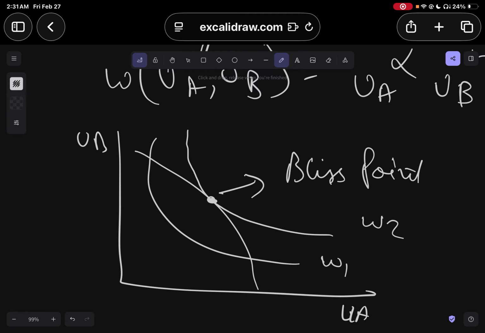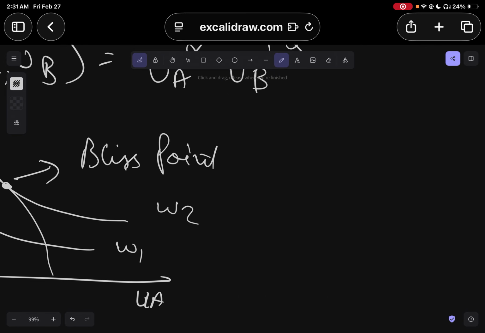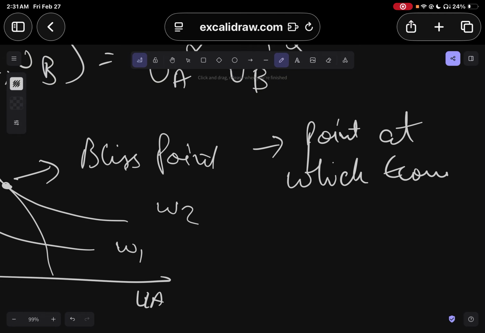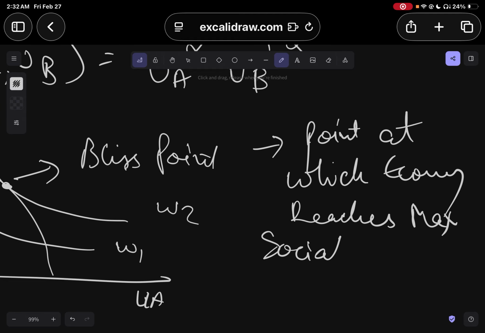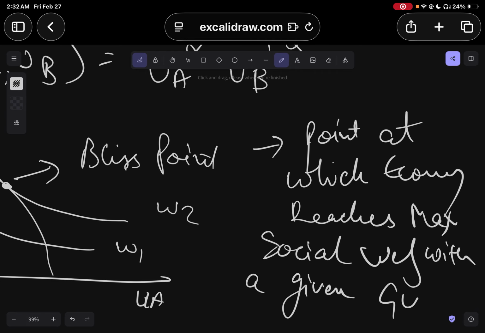So let me just write it down. Point at which the economy reaches maximum social welfare with a given grand utility possibility frontier.